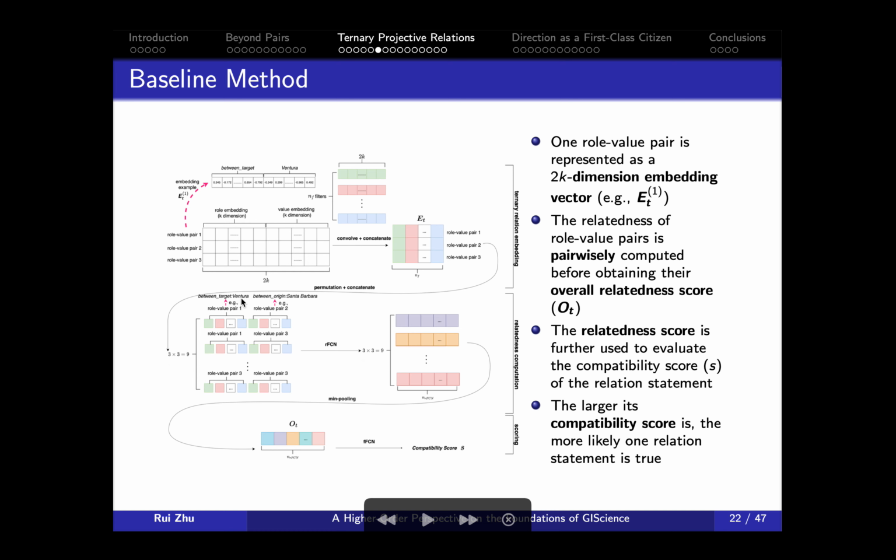With this pairwise relatedness score, we further compute their overall compatibility score for this relation statement. The intuition underlying this model is that the more related the 3 role-value pairs in a relation statement are, the higher the compatibility score will be, and then the more likely this relation statement is to be true.